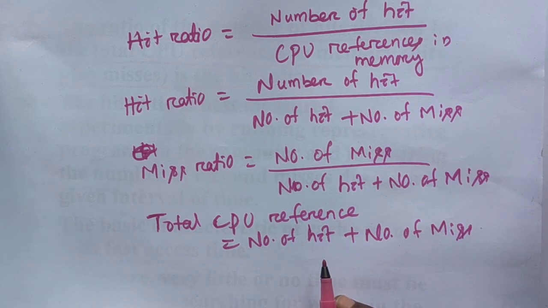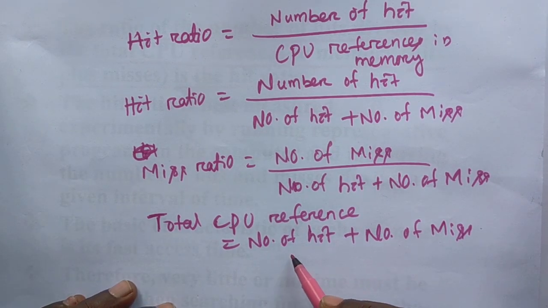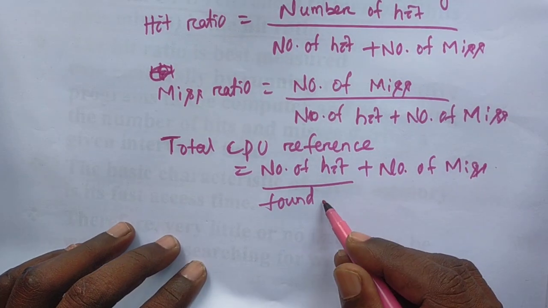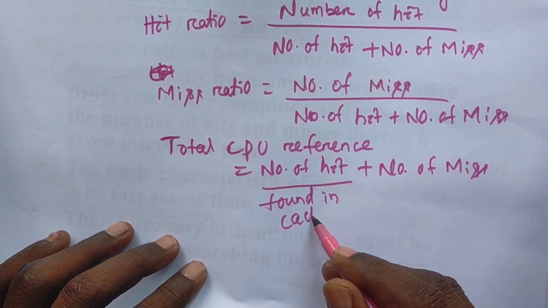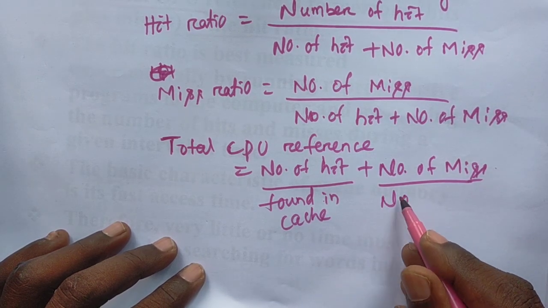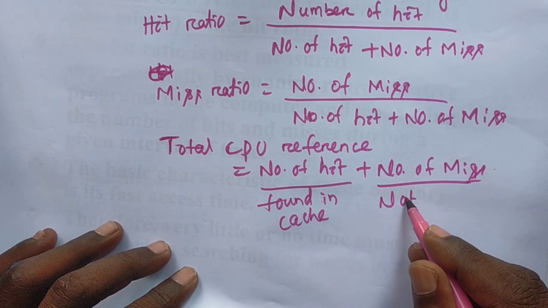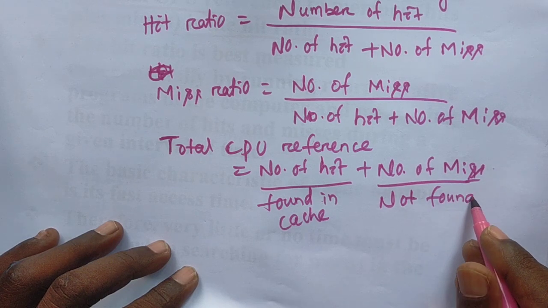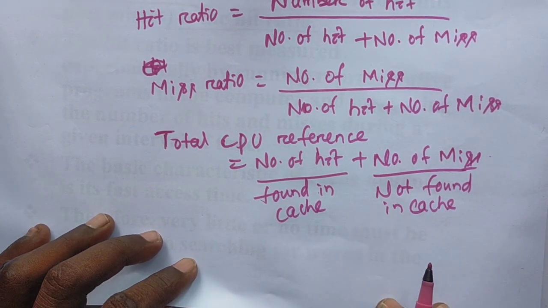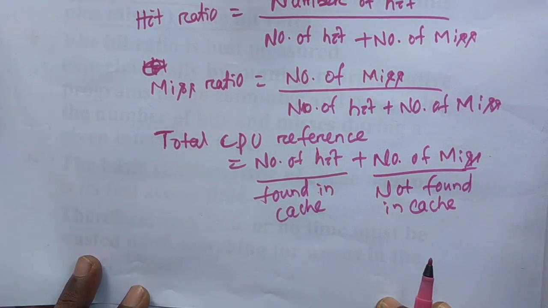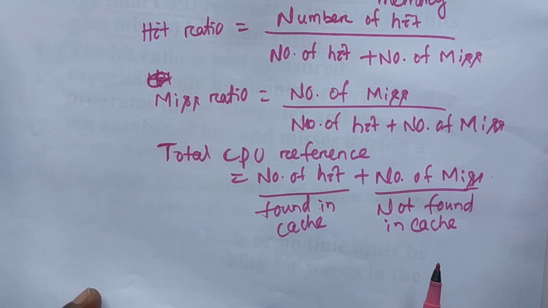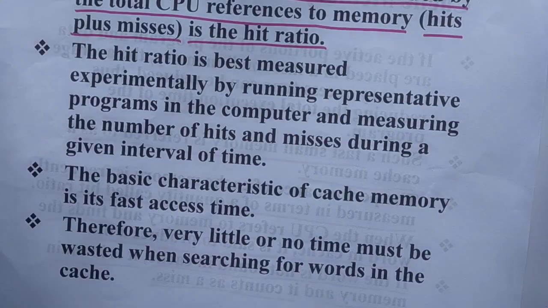If the data is found in cache, it is a hit; if it is not found in cache, it is a miss. Okay, this is the basic concept. This is how we have to calculate the number of hits and misses.